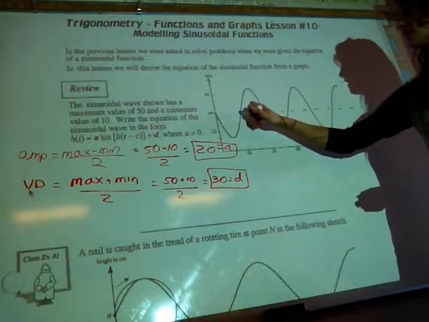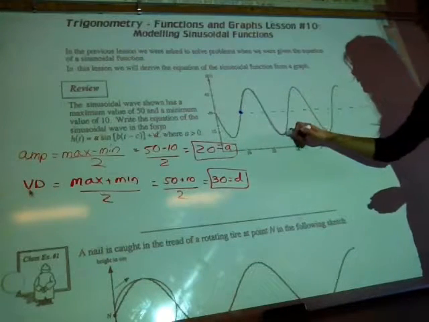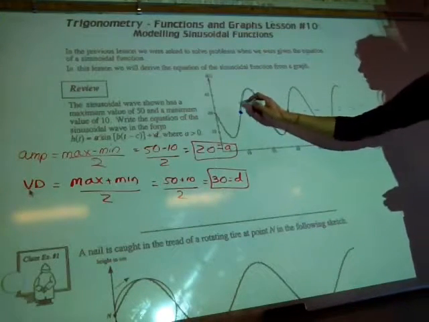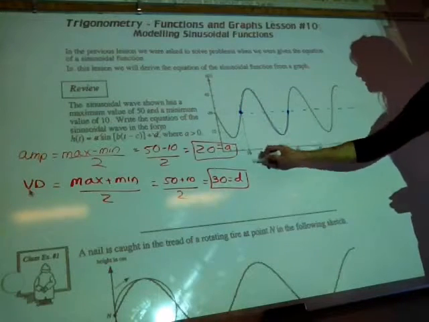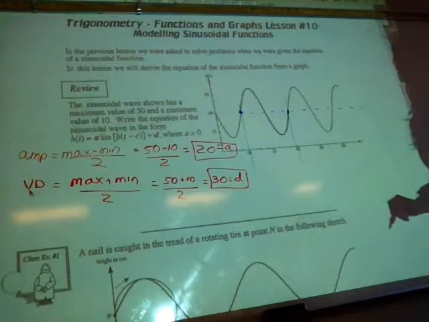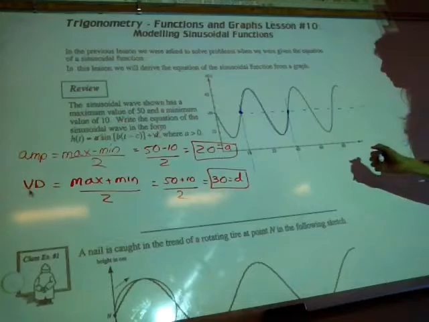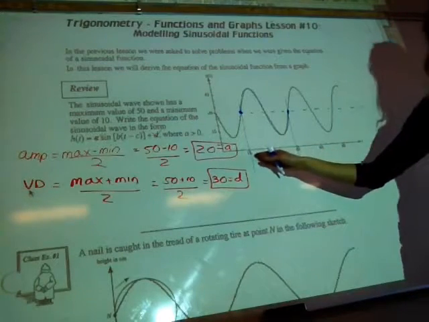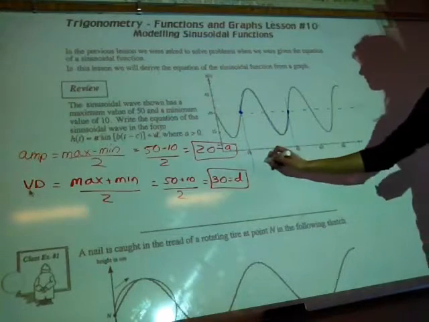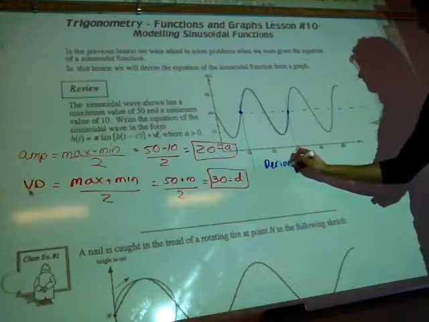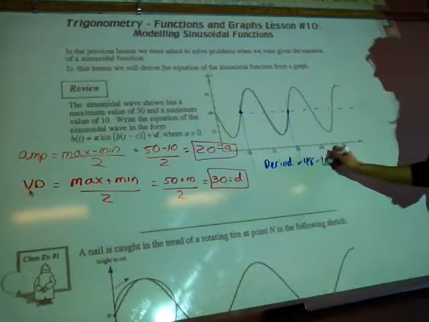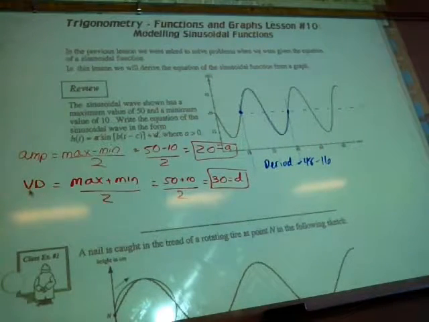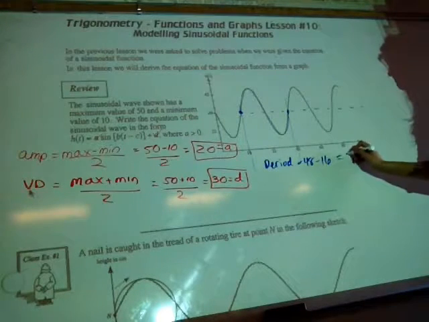So sine would start here, it would go up, down, and then back. So looking at if that's our starting point and that's our end point, to calculate the period, we could go 48 minus 16. Okay, so the period is equal to 48 minus 16. And that's 32.